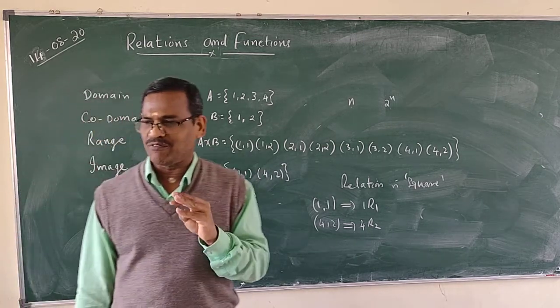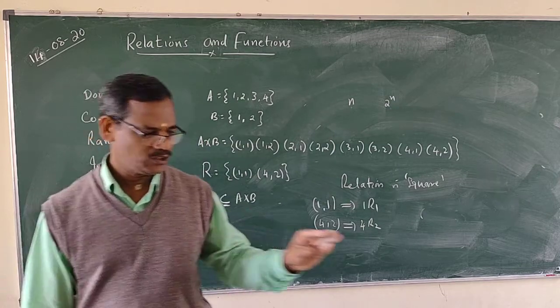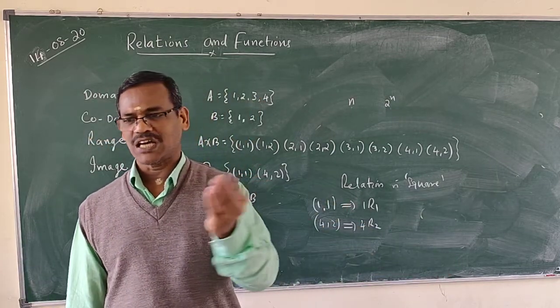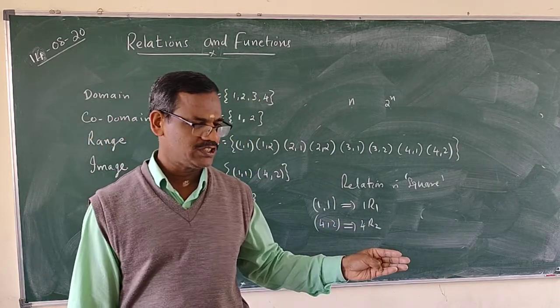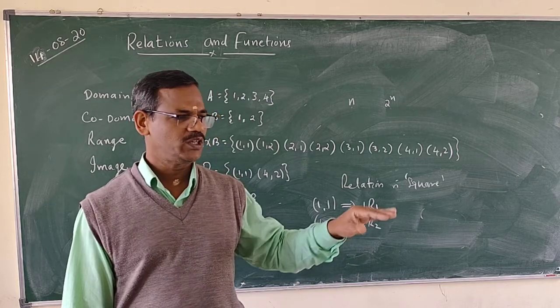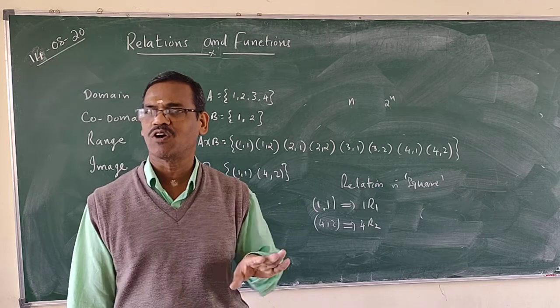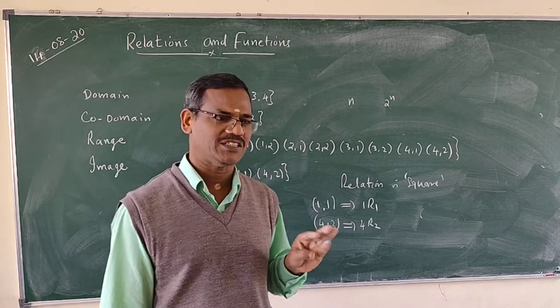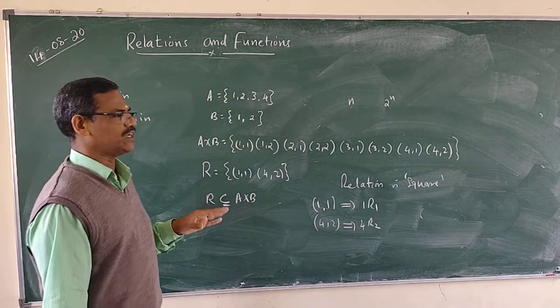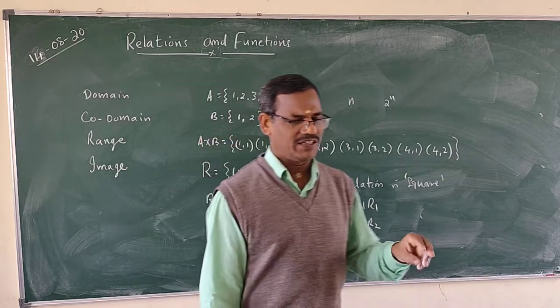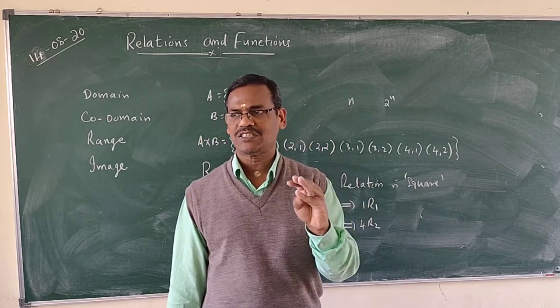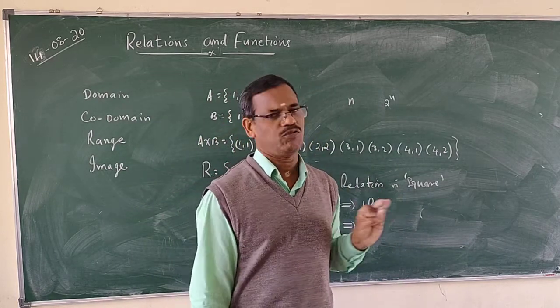In normal life also, in the family, so and so is son of, so and so is daughter of, father of, mother of. These are the relations in our day-to-day life. And if I take a student of class 11, he is a student of JNV.